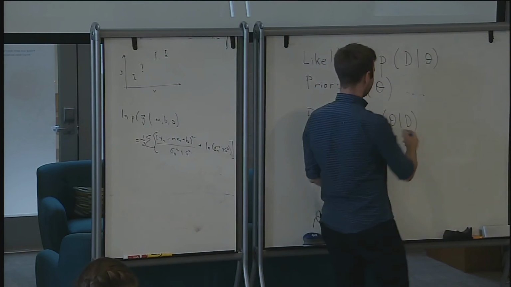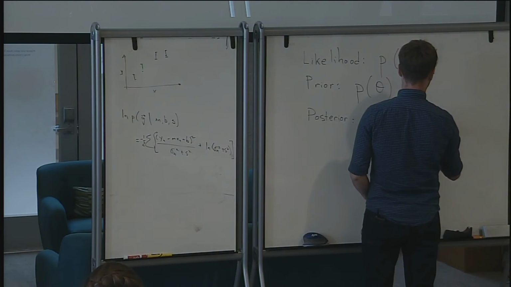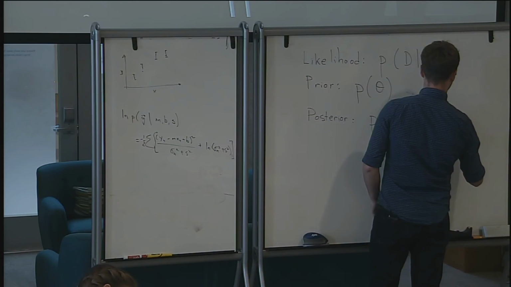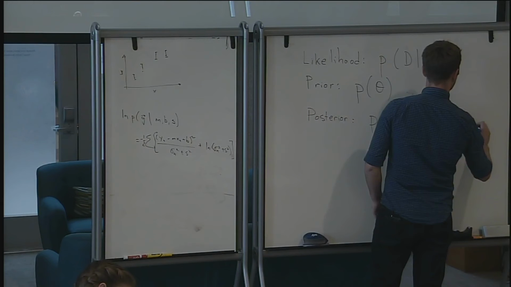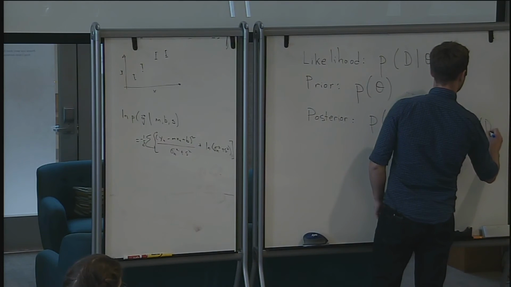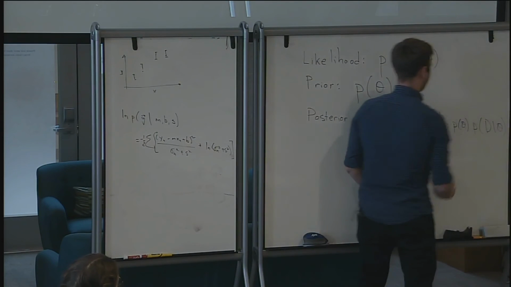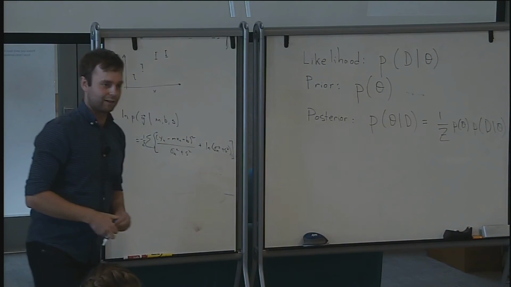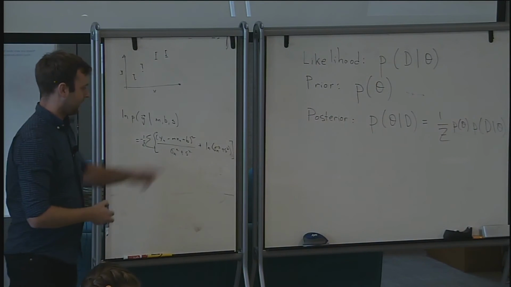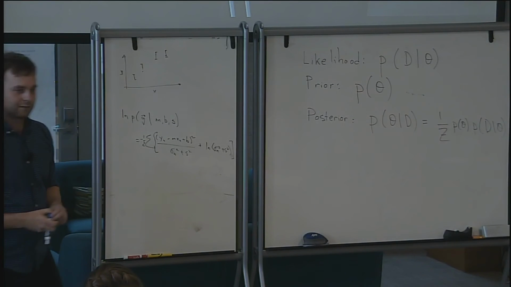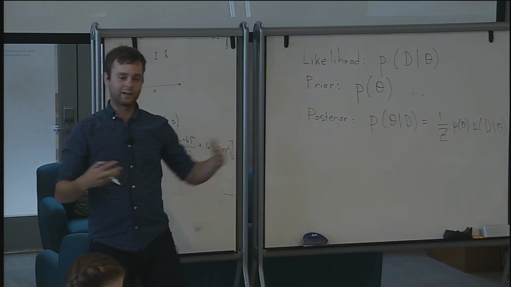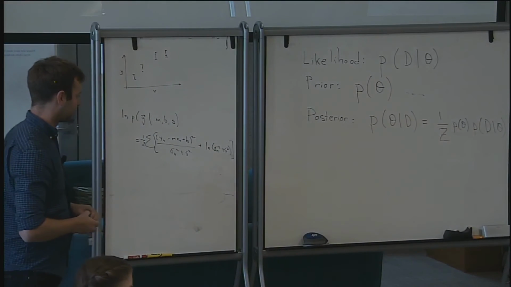So that's the thing that is going to come up a lot as we go forward. And this is equal to the prior times the likelihood with this normalization factor right here that's often called the evidence integral or something like that. And we'll come back to that again in a minute as well. So these are the pieces that are going to go into our analysis as we're going forward.